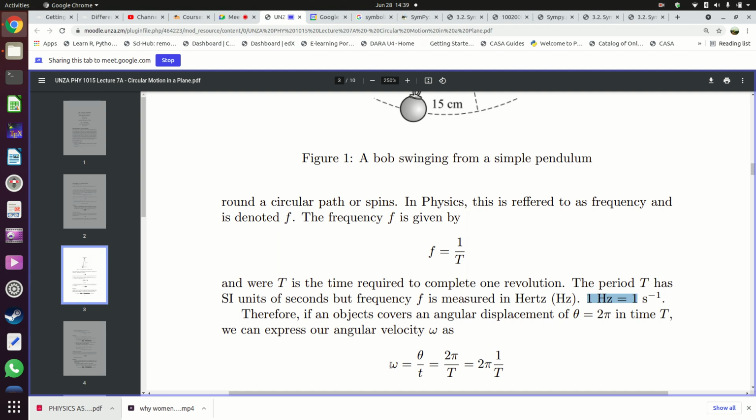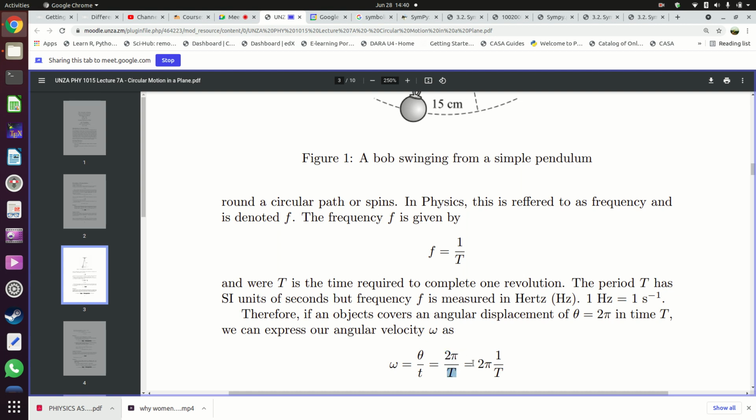So this omega, the angular velocity, is equal to the displacement divided by the time. If you are going round in a circle once, 1 revolution, then your angular displacement is 2 pi. But for you to go around the circle, you require a certain amount of time. The time it takes you to go around the circle is what's referred to as the period.